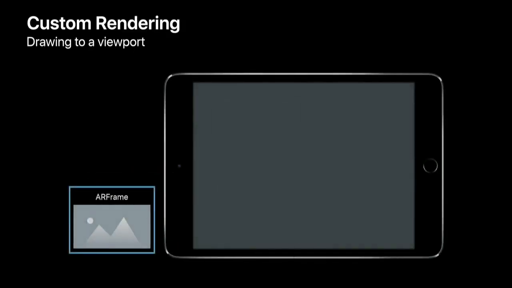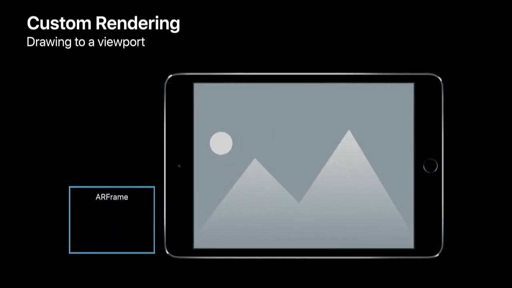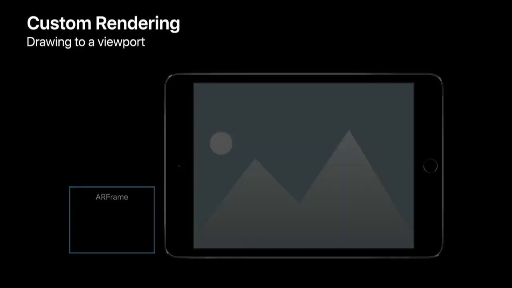Another thing is that the aspect ratio of the camera image might not necessarily line up with your device. And this means that we have to take this into account in order to properly render our camera image in the screen. To fix this, or to make this easier for you, we're providing you with helper methods.